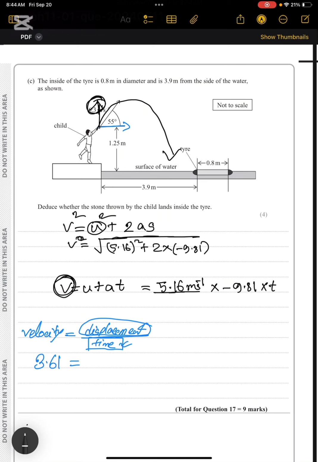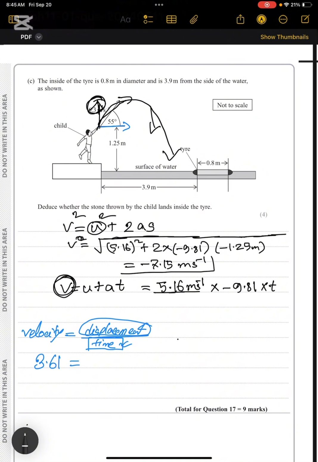When we only take the downward motion, we take minus 9.81. Here it is upward and also downward, so we take 2 into minus 9.81. And we know the displacement is minus 1.25 meters. So the answer of the velocity will be minus 7.15 m/s.